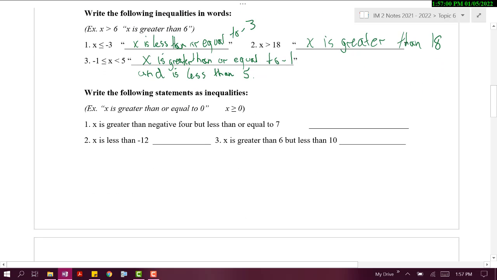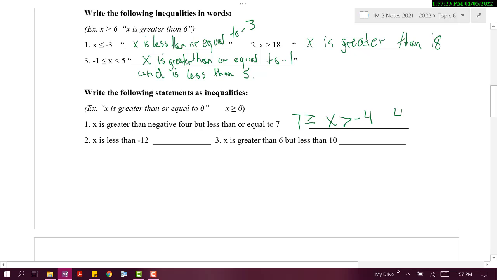Alright, write the following statements as inequalities. x is greater than -4, so greater than looks like this, -4, but less than or equal to 7. Except it's kind of weird to write it like that.